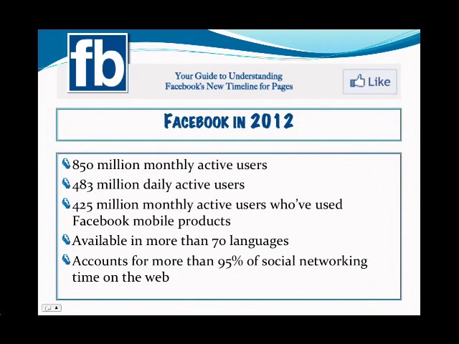Another interesting statistic is that the traffic that Facebook gets accounts for 95% of social networking time on the web. What does that mean exactly? That means that out of all of the time that people are spending on social network sites, 95% of that total time is spent on Facebook.